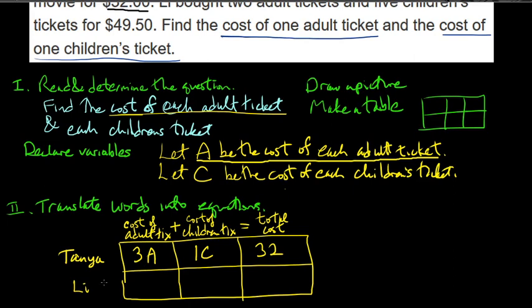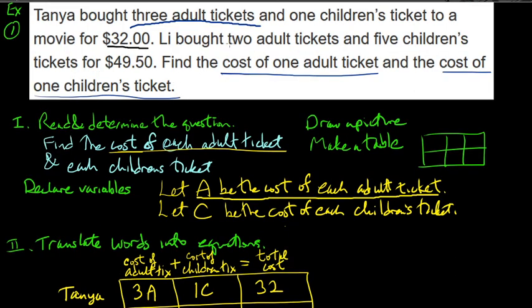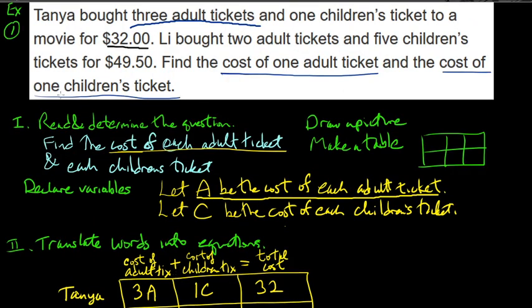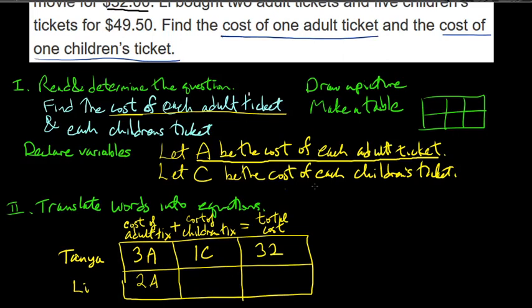Right. So for Lee, there were 2 adult tickets and 5 children's tickets. So 5 times C. And the total there was $49.50, or $49.5, right?